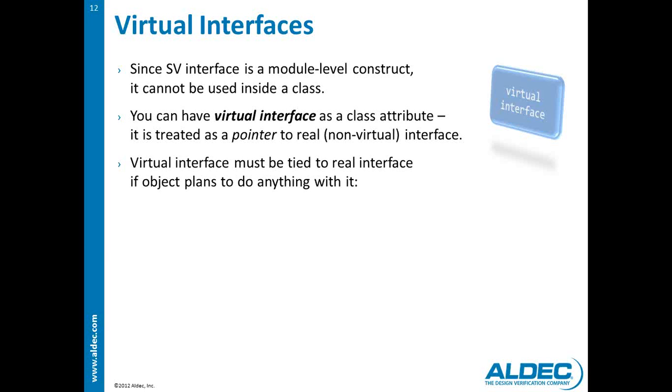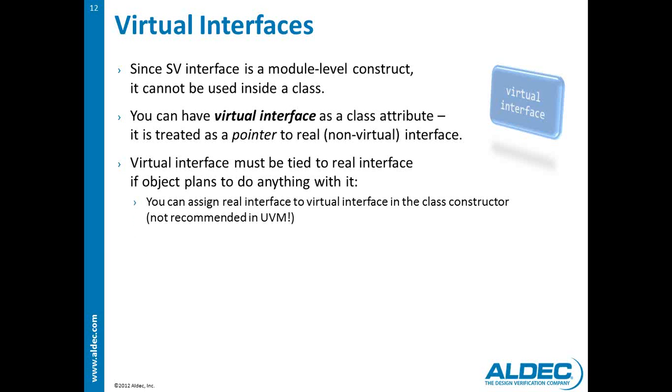Please note that there is, of course, one important provision. Before you do anything with an object that belongs to that class with virtual interface, you must tie that pointer to a real interface because there are not many operations that can be performed on an empty pointer. It definitely has to be connected to a real interface.